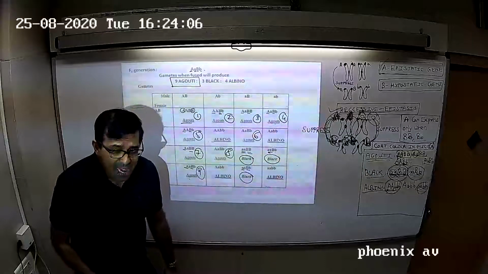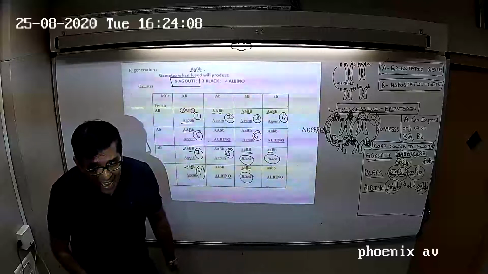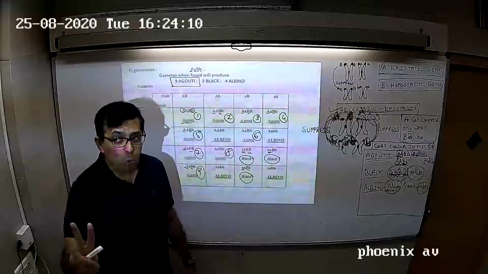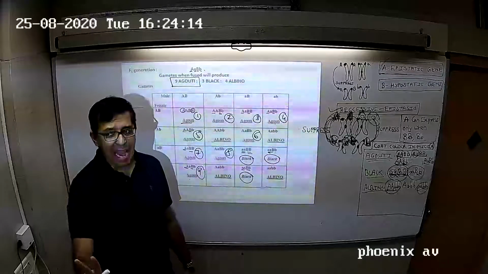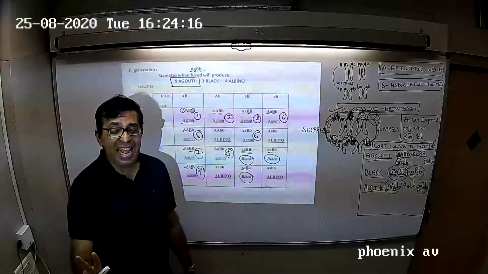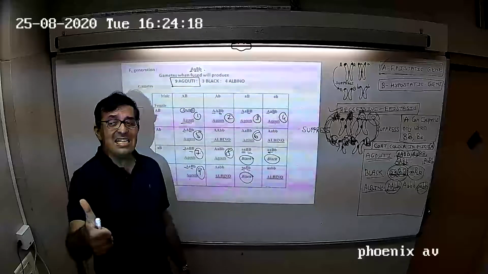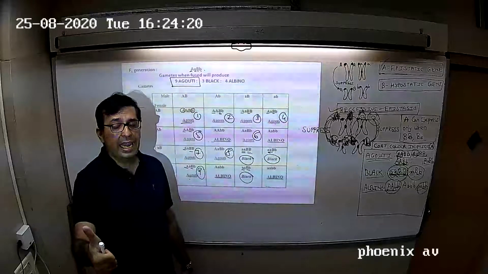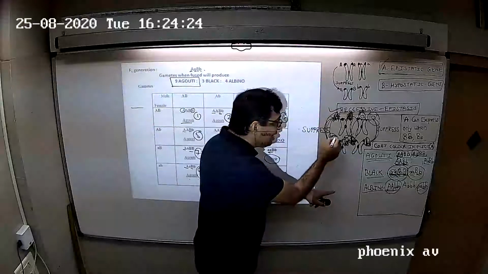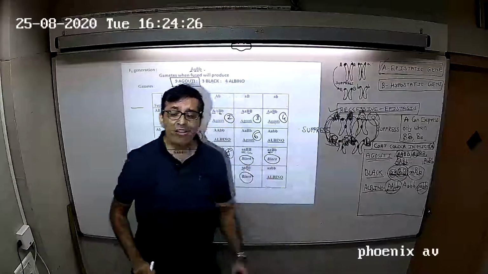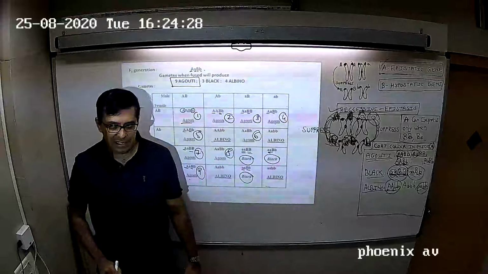So what should be there to make black? Both small a will make black, and at least one capital B to prevent recessive epistasis.